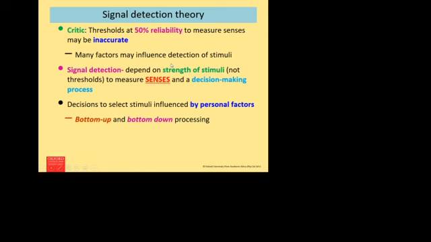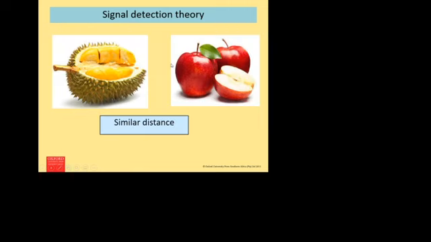The threshold may state, for example, that in order for us to be aware of the existence of an apple, it must be within a certain distance. That's based on the threshold, because the threshold says if it is above the threshold, we could detect the existence of the stimuli. If it is less than the threshold, then we cannot detect.